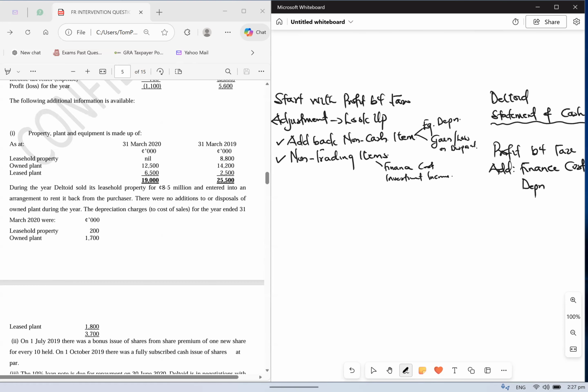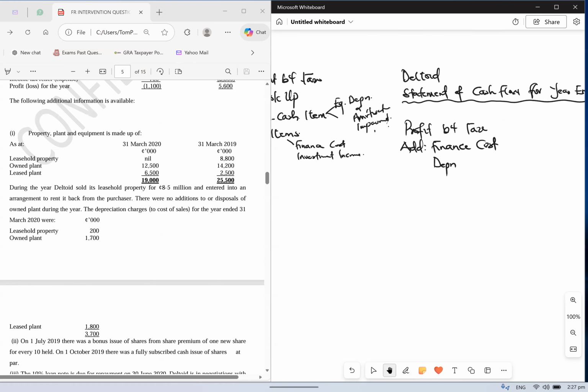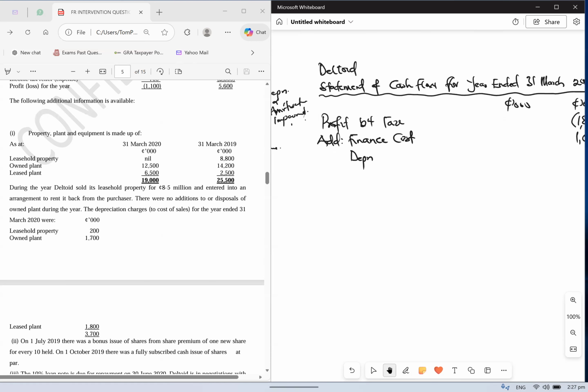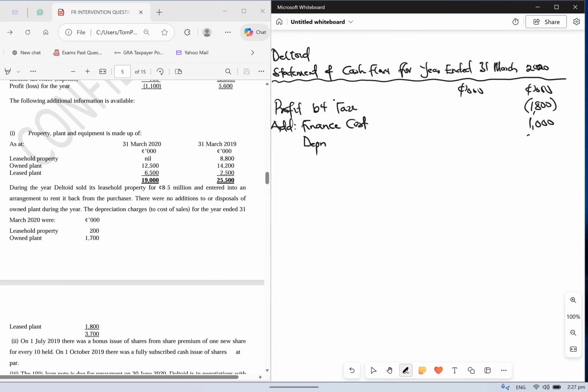So know that if a gain was added, you will subtract. So depreciation or amortization or impairment, all those things. We know that depreciation is 3,700. So we will add back non-cash 3,700. All right. So you are looking for all those things.